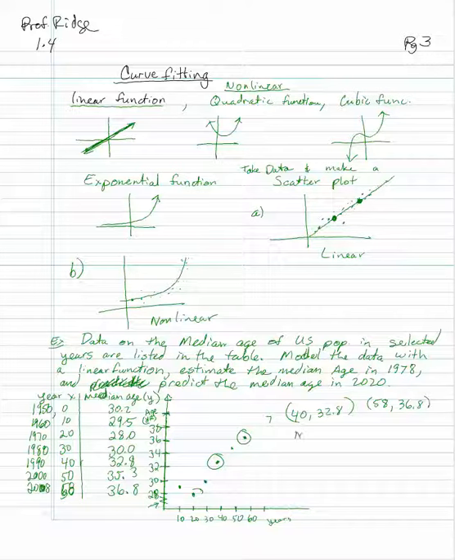Okay, so my m is going to be y2 minus y1 over x2 minus x1, which is 36.8 minus 32.8 over 58 minus 40, which equals 4 over 18, which is 2/9.